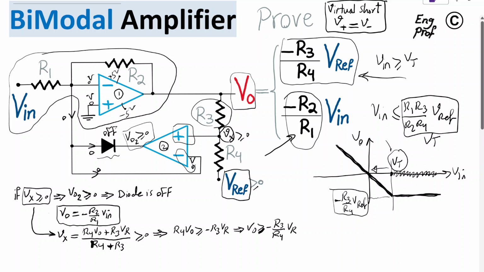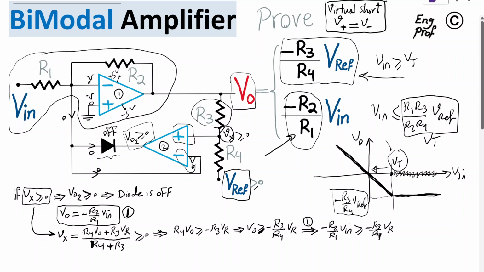But at the same time, we just saw that for this condition, output is related to input as indicated in equation number 1. So I'm going to use equation number 1 and substitute for Vout. So negative R2 over R1 times Vn is greater than or equal to negative R3 over R4 times Vr.